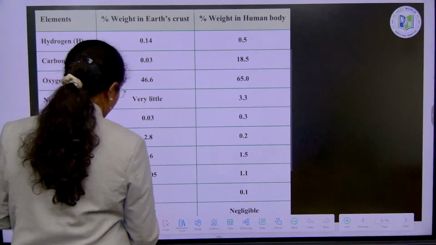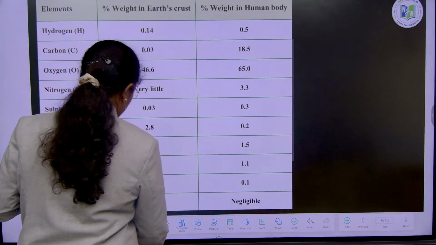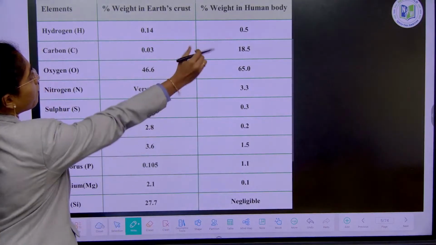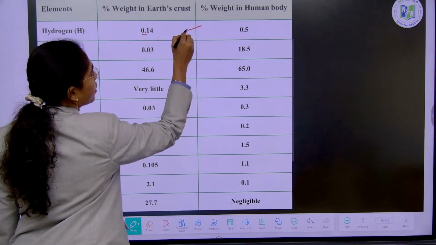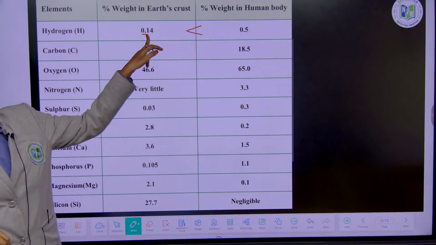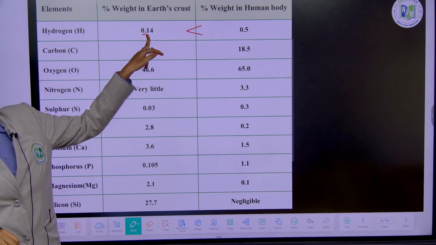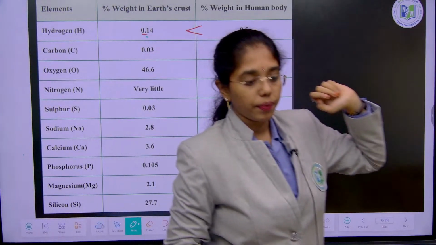First we will see about hydrogen. It is abundant in human body. It is 0.14 in earth crust and 0.5 in percentage in human body.